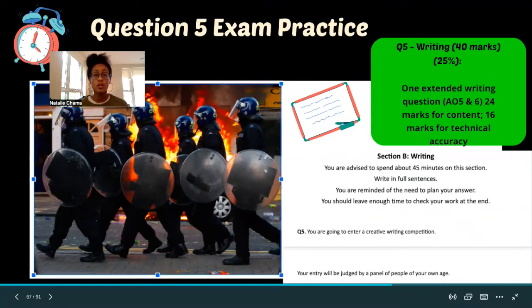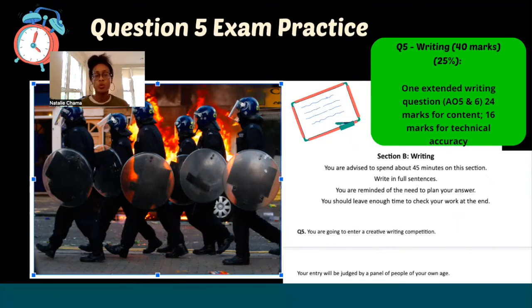So as you can see, this is a typical question for question 5. And as you can see as well, it says 40 marks for this English language paper. So 25% of your grade. You have to do one extended piece of writing for this particular question. It's the assessment objectives for AO5 and 6.